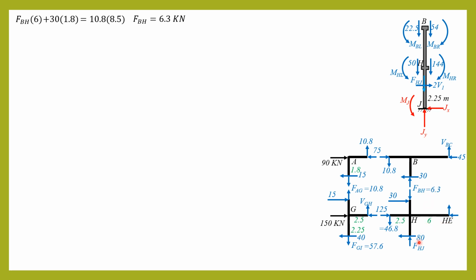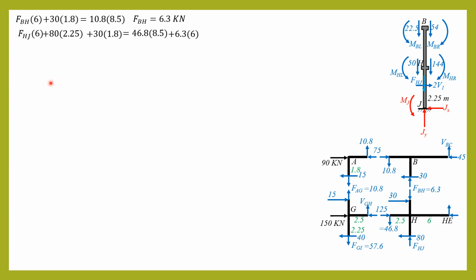In this free body diagram, we can now solve FHJ, summation moment about HE equals 0. Clockwise positive, so FHJ times 6 plus 80 times 2.25 plus 30 times 1.8, this is 1.8, half of 3.6, then equals 46.8 times 8.5, 2.5 and 6, 8.5 plus 6.3 times 6.